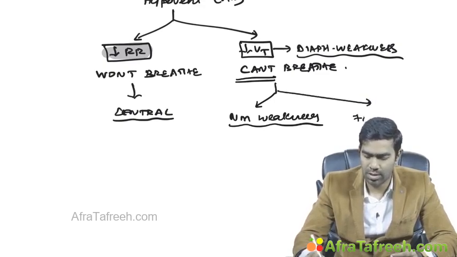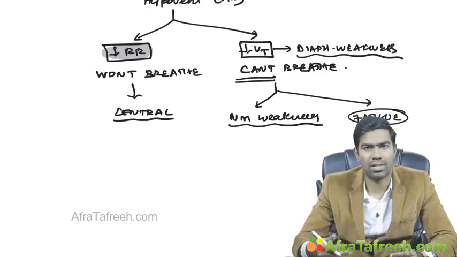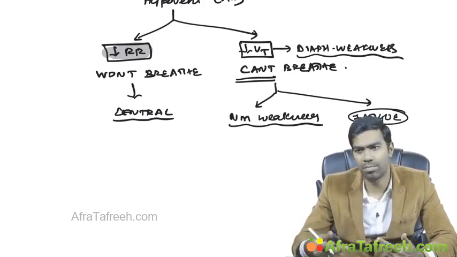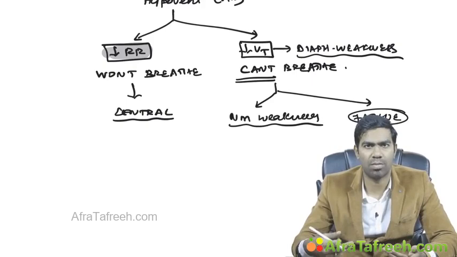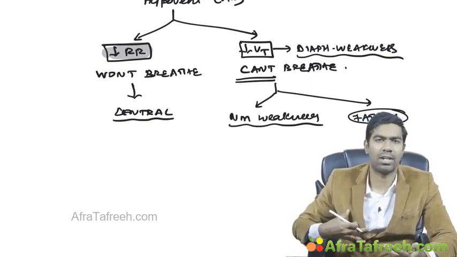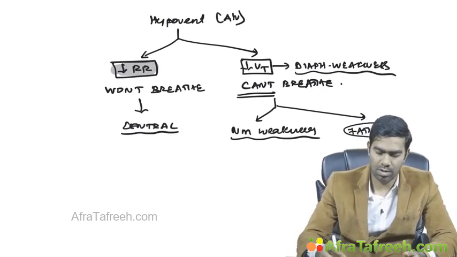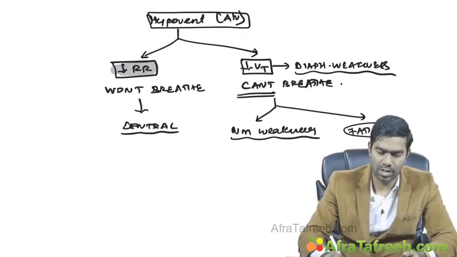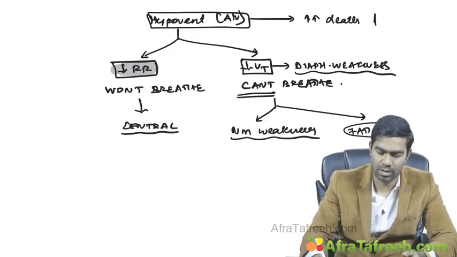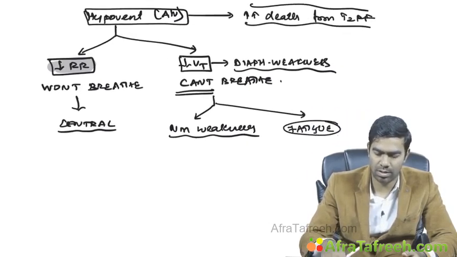Or it could be a patient who goes into fatigue and exhaustion because of faster breathing, especially during acute situations where there is too much dyspnea. They keep breathing, they suffer for breath, and after some time they fatigue, their chest muscles go into weakness, and they die of type 2 respiratory failure. So please remember, whenever there is alveolar hypoventilation, there is an increased chance of death from type 2 respiratory failure because of carbon dioxide accumulation.